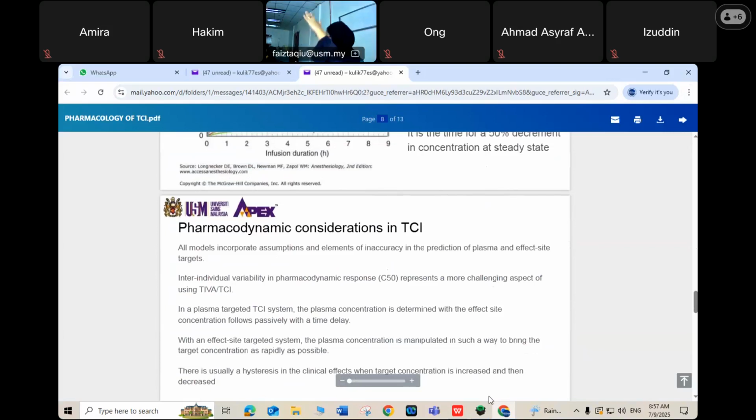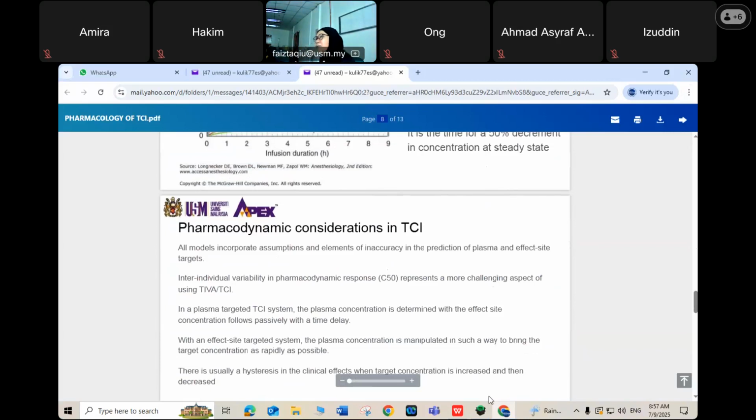Some people have lower C50. Some people have higher C50. Kan? But majority, kan kita buat study, right? Majority at that level, at that concentration, that's when they start to exhibit. Maksudnya kalau this case, they start to lose consciousness at that concentration. C50, okay. So C50 is variable. Kan? There's inter-individual variability.